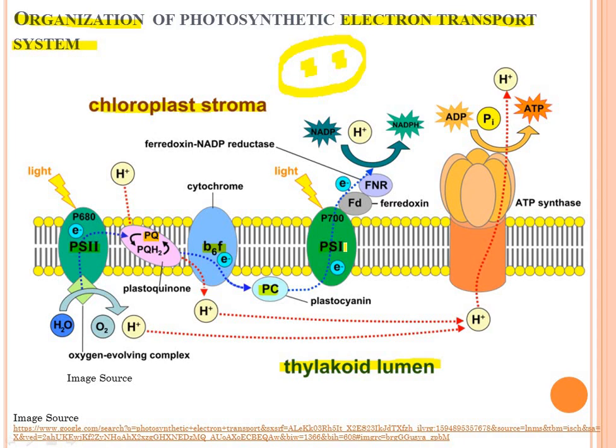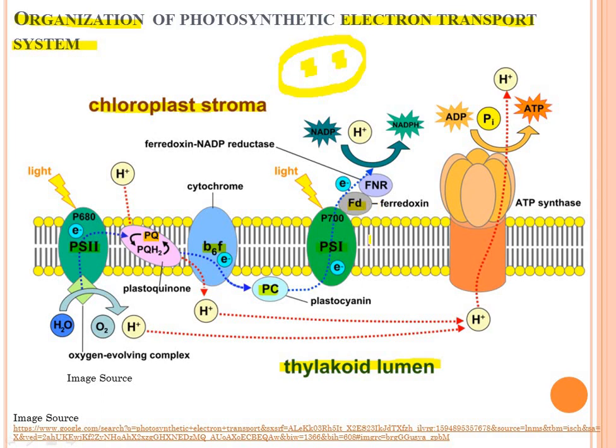Then photosystem 1, it is also transmembrane. Then ferredoxin and ferrous sulfate are not transmembrane; they are associated with the membrane, present toward the chloroplast stroma, inside the stroma.